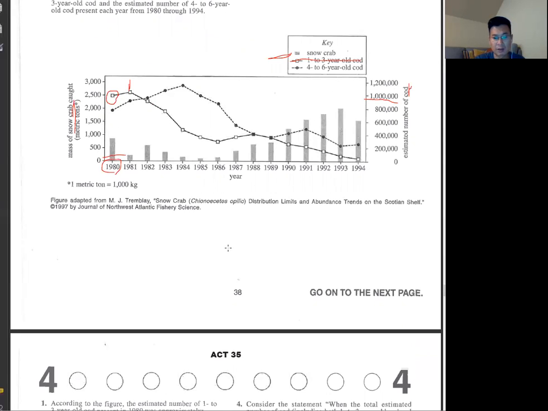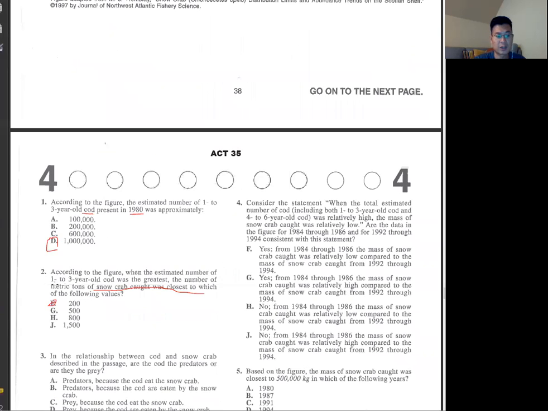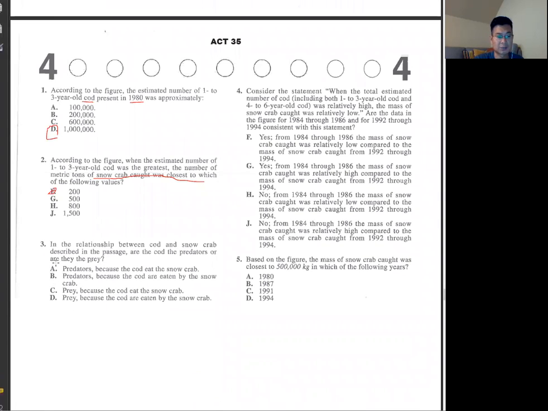Which means obviously cod is eating snow crab, that's why snow crab is not as much. And in the later years, cod is not able to eat snow crab because they don't have enough, then the number of snow crab is getting greater. That's why you see that they are predators, because cod is eating the snow crab.